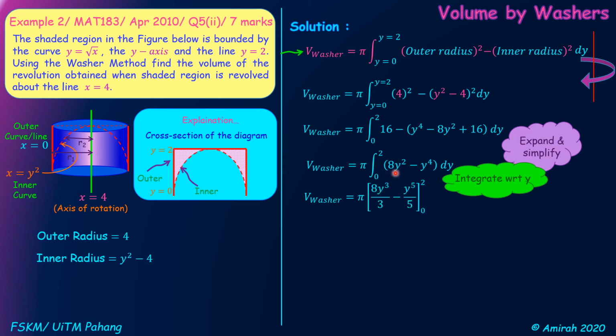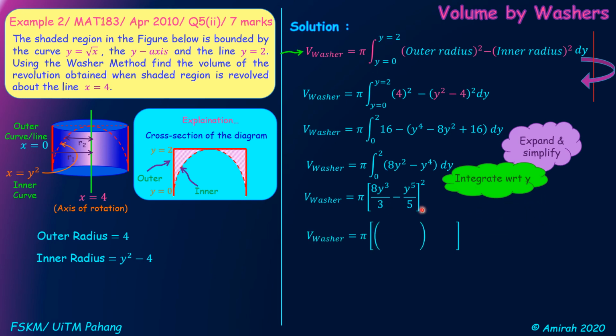After we get this, we can integrate with respect to y. When we integrate, we still have the constant 8 here, and we integrate y squared using the power rule, so we get y cubed over 3. Then minus, when we integrate y to the power of 4, we get y to the power of 5 over 5. This is a definite integral, so no plus c, but we need to write the square bracket with lower and upper limits. And remember, after we integrate, no more integration sign.